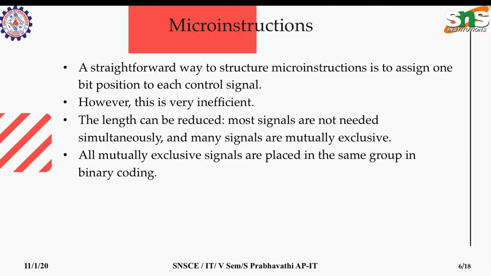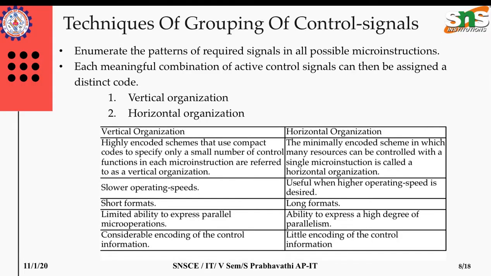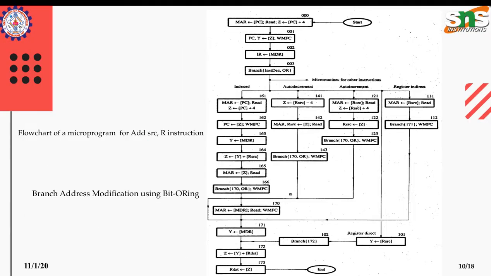Then we saw a partial format of the micro instructions, followed by a flowchart that describes the complete execution of the instruction add source comma r. So from this point we are going to continue the remaining part of microprogram control unit design.